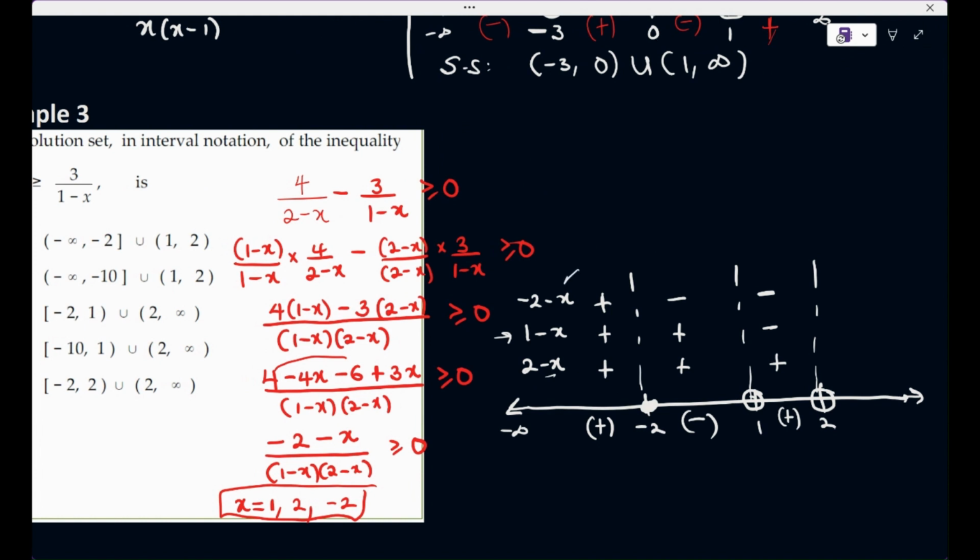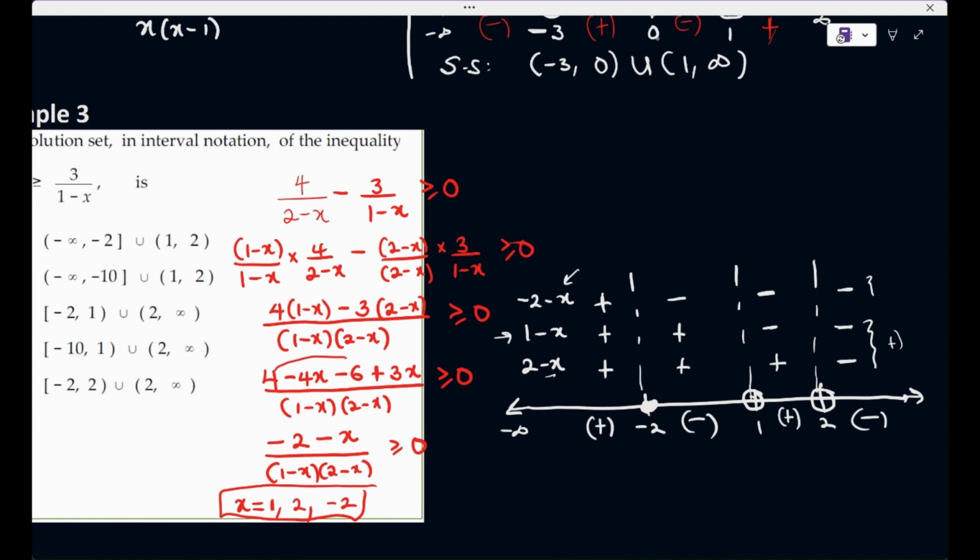If you substitute 3 into these factors, minus 2 minus 3 is a negative number. 1 minus 3 is a negative number. Then 2 minus 3 is also a negative number. This is coming from the numerator, and this is coming from the denominator. So negative over negative is positive, and you have a negative divided by positive, which will just be negative.